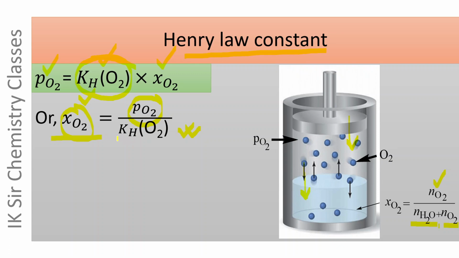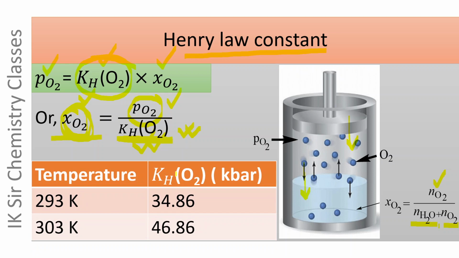If the value of KH increases, for a given pressure of O2, XO2 will decrease. That is, the solubility of O2 in water will decrease if the Henry law constant increases.